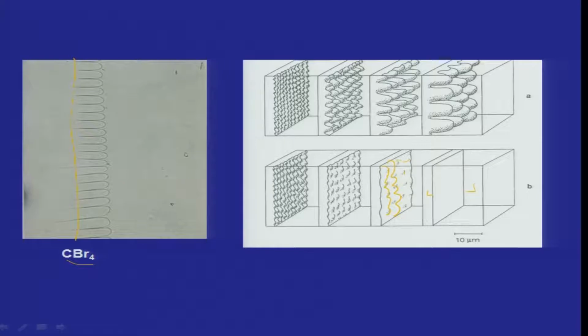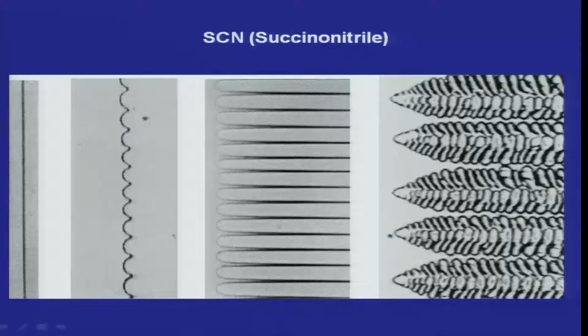So, it follows a perturbation, and then you can see this has grown, this has grown, this has grown, like this. Then finally it has become a big cell. So, this is how the mechanism of dendritic formation is described and discussed, okay.